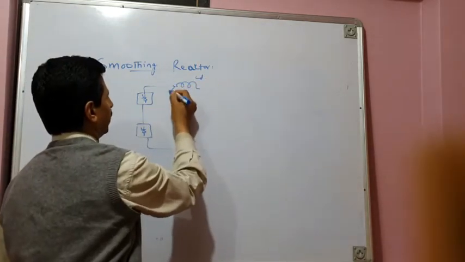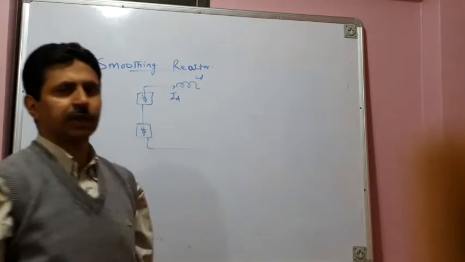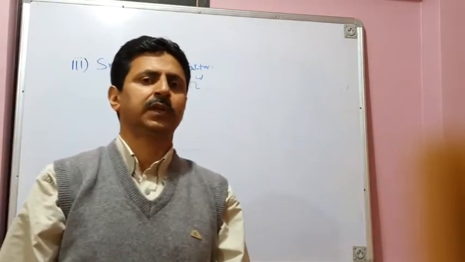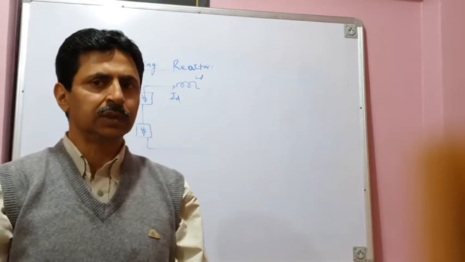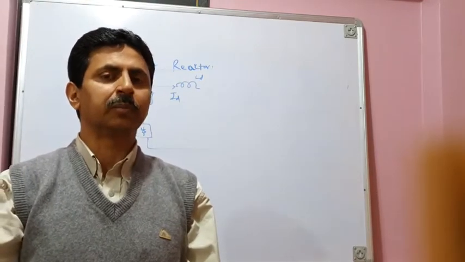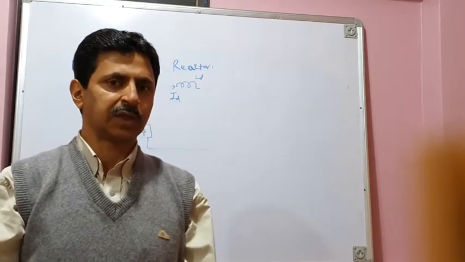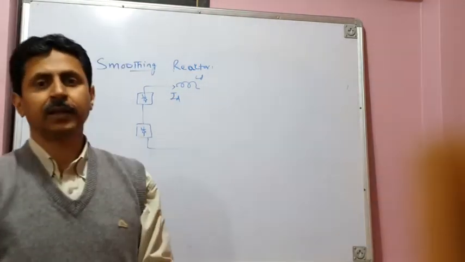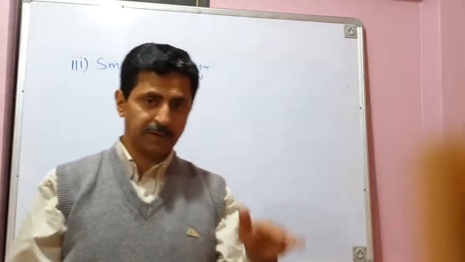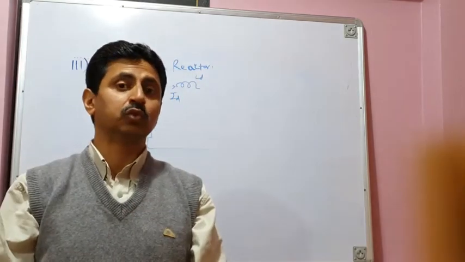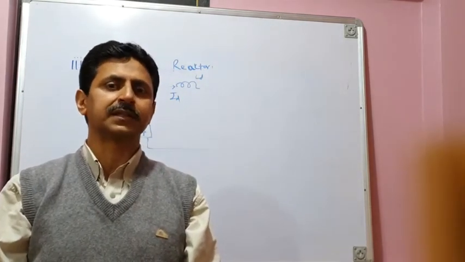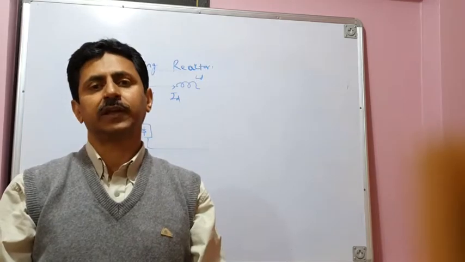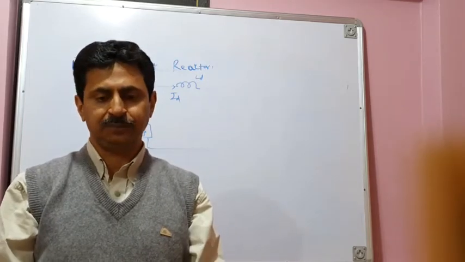The current flowing is ID. What is the function of this smoothing reactor? The main function is to smoothen, that means to remove the ripples in the transmission line current, that is DC current ID. The ID may contain ripples, it may not be very smooth in nature. So to remove the ripples in this current, we use this smoothing reactor, LD. This is the main function.